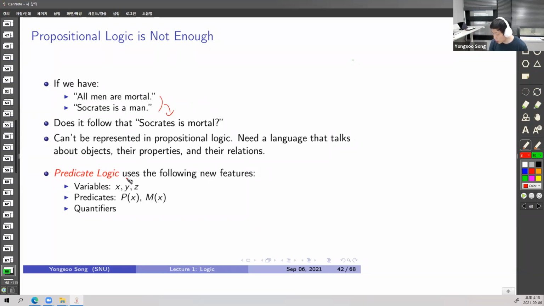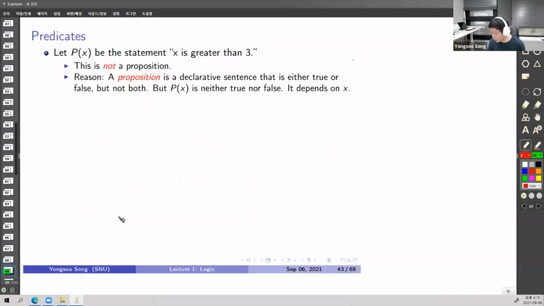In this predicate logic, we will use what are called variables, which are usually denoted by lowercase letters x, y, z, for example. We also use what are called predicates, denoted by uppercase letters. And quantifiers will be defined very soon.